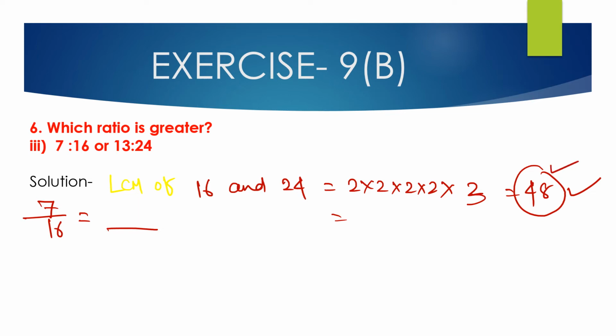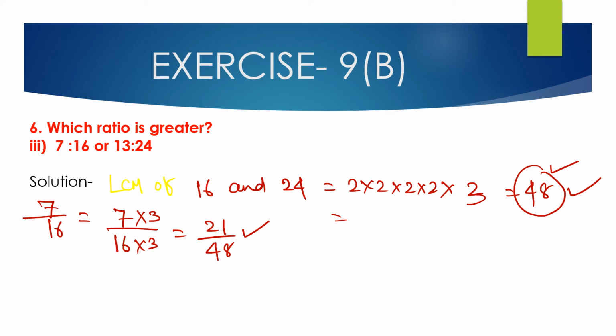We know in the table of 16, 16 multiplied by 3 is 48. So we have to multiply the same number 3 with the antecedent 7. 7 multiplied by 3 is 21. Now 21 divided by 48 is the equivalent ratio of 7 divided by 16.